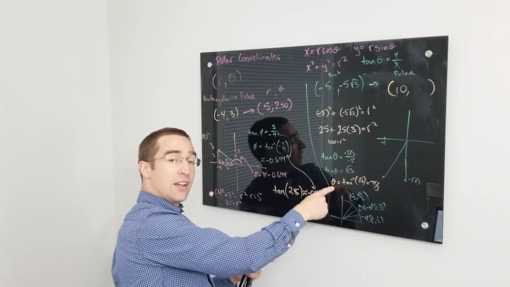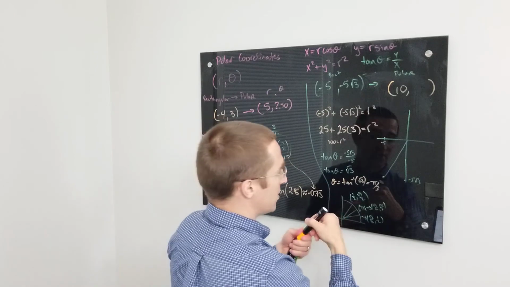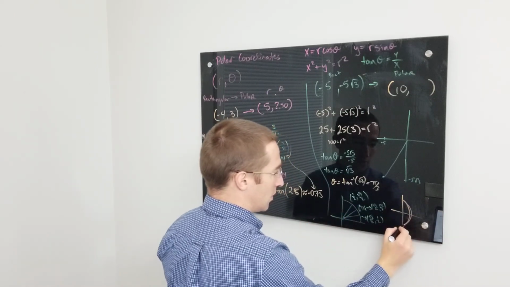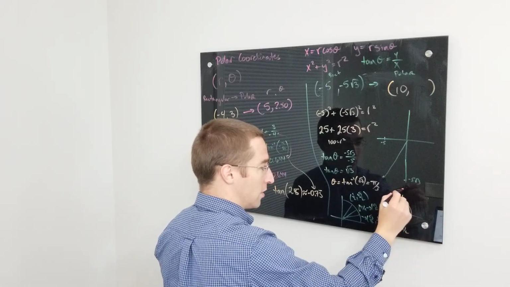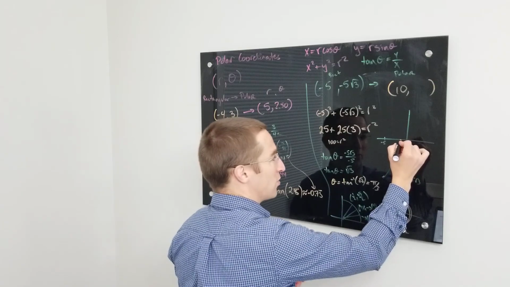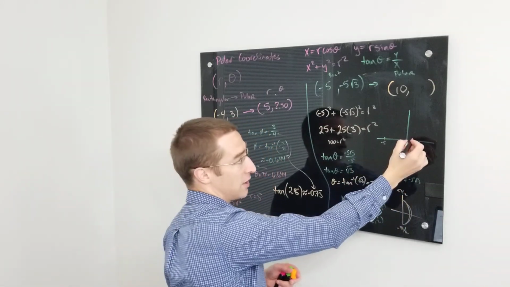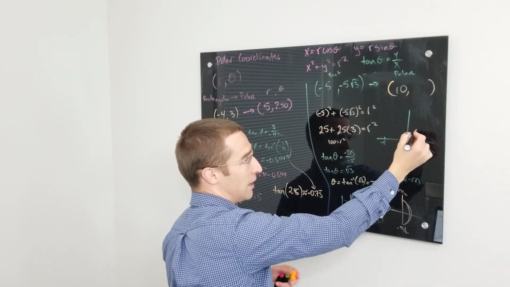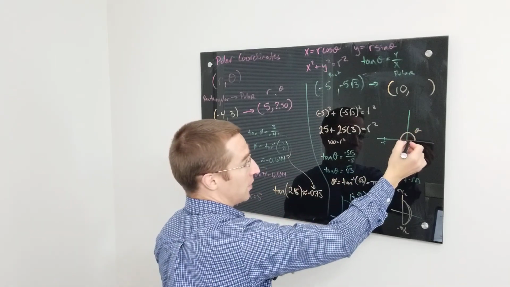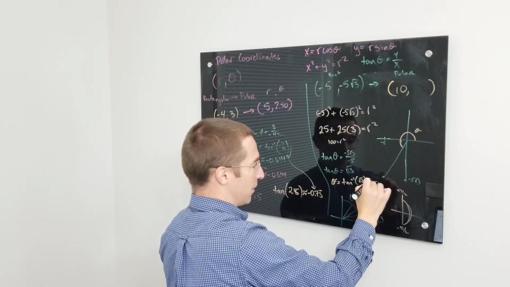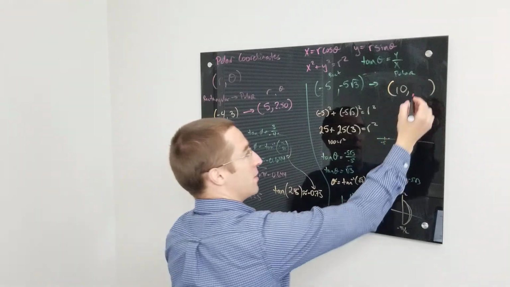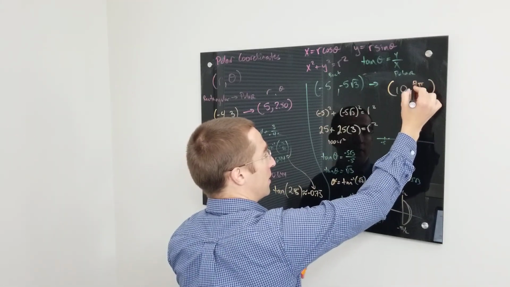But remember, inverse tangent only gives you values from negative pi over 2 to pi over 2. That's why we have to graph it out. This pi over 3 is really right here, so we need this full angle for theta. Theta doesn't equal pi over 3, theta equals 4 pi over 3, because we're at 3 pi over 3 plus another pi over 3.